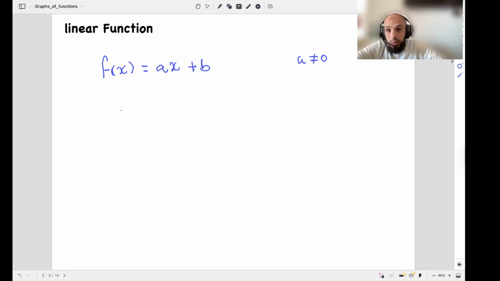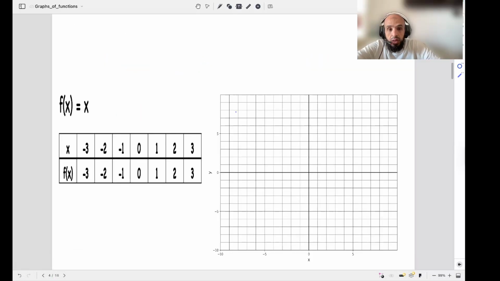So the most basic form of this function is f of x is equal to x, or when a is equal to 1 and b is equal to 0. This function, when f of x equals x, can be represented by this graph, and we are representing some of the values of the function. To plot it, we are using this table.